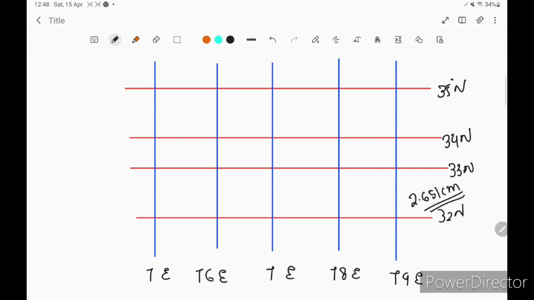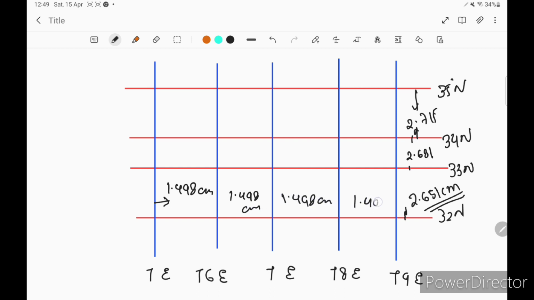You have to make these distances using the scale. For longitude it is the same equal spacing, 1.498 as calculated, for each degree.